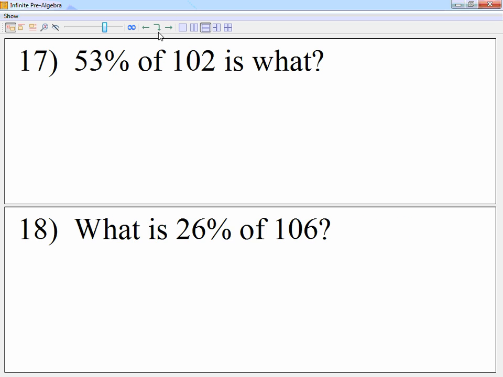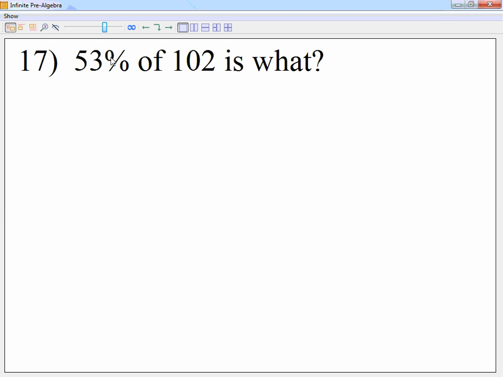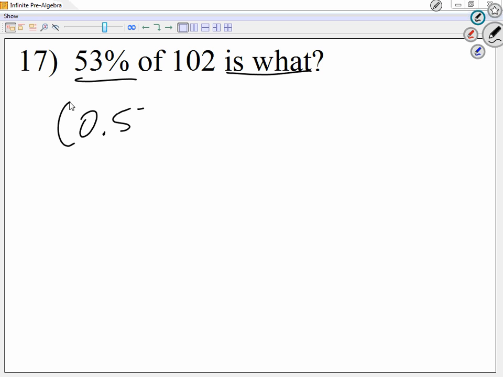Let me take a look at number 17. This time I'm giving you guys the percent, and I'm asking you guys for the is. Is what? The way we're going to do this, the 53%, let me write it as a decimal. I'm going to write this as 0.53, because I'm going to move the decimal two places to the left. 0.53, and I'm going to multiply this by 102.